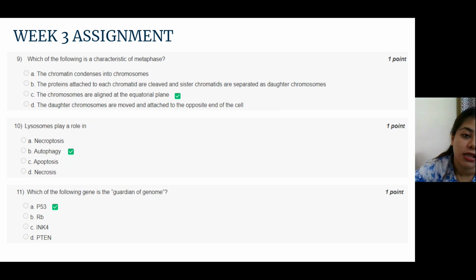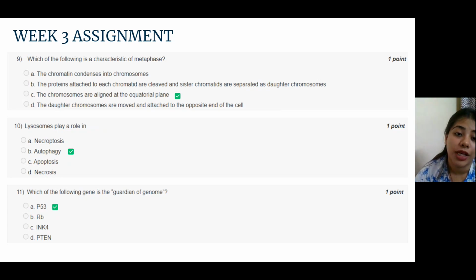So here we've been asked about the characteristic feature of metaphase. The options are: A, the chromatin condenses into chromosomes. The condensation process, as we have discussed, occurs during prophase.